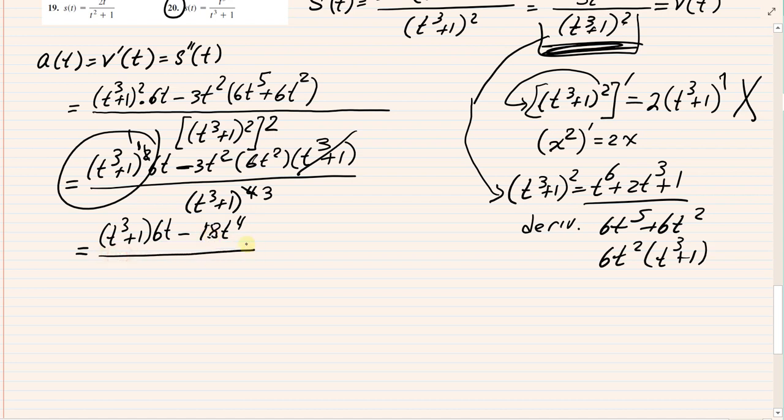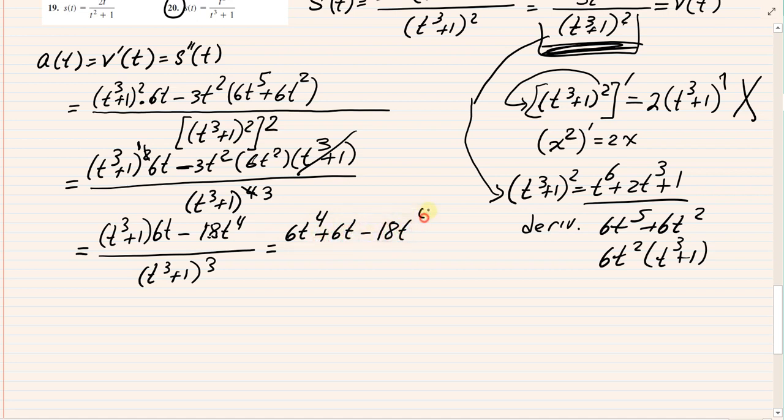And then over t cubed plus 1 cubed. So hopefully you followed what I did there. And then we can now finish this off, and let me distribute to the binomial. This becomes 6t fourth plus 6t minus 18t to the 4th, all over the denominator t cubed plus 1 cubed.